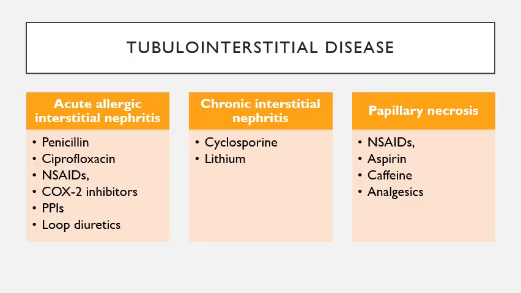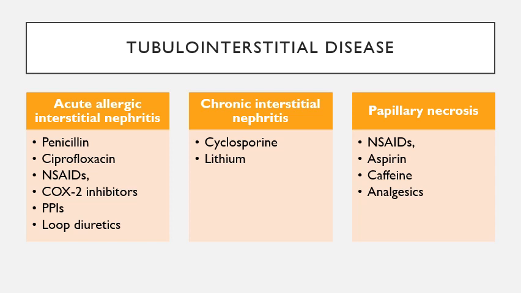Next is the tubulointerstitial disease, that is the damage to the kidney tissues by different drugs. This includes the acute allergic interstitial nephritis that may result from sudden allergic reactions to the drugs and that will damage the kidneys. These include ciprofloxacin, penicillin, NSAIDs, COX-2 inhibitors, proton pump inhibitors, and loop diuretics.